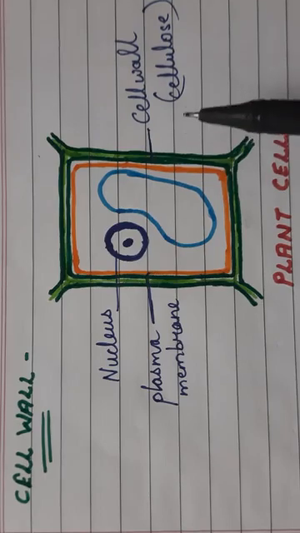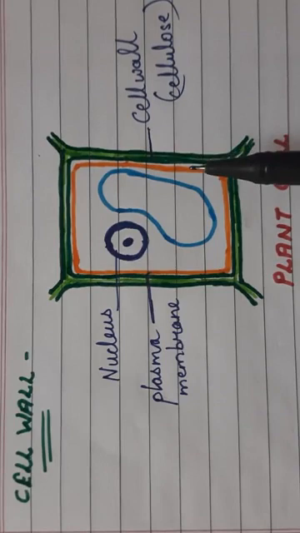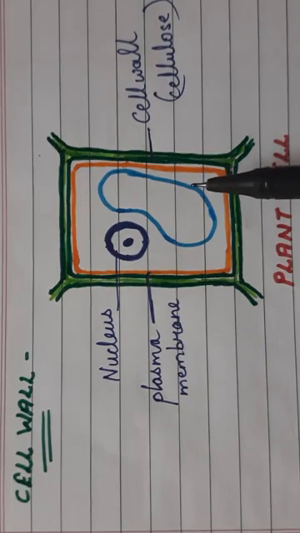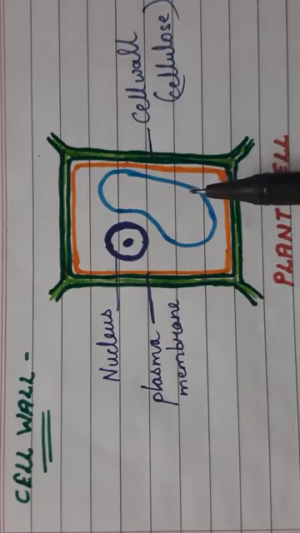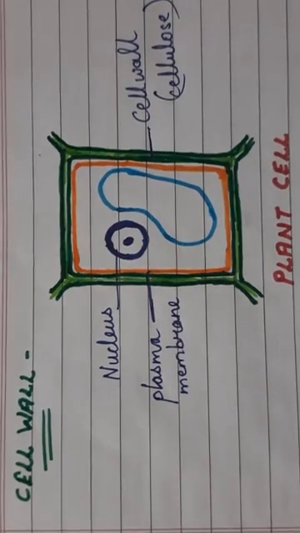Okay, now you can take a plant cell, any plant, and you put the plant cell inside a hypotonic solution. I hope, children, do you remember what is a hypotonic solution?